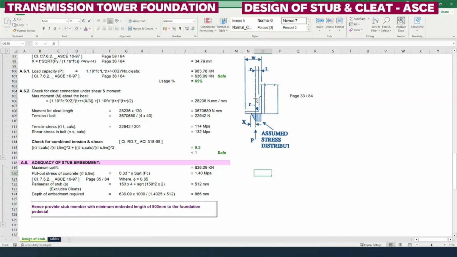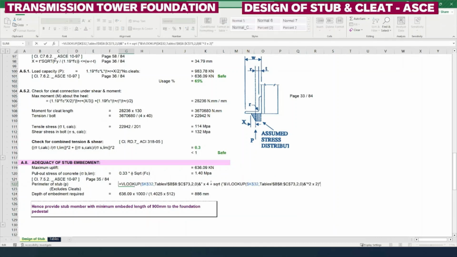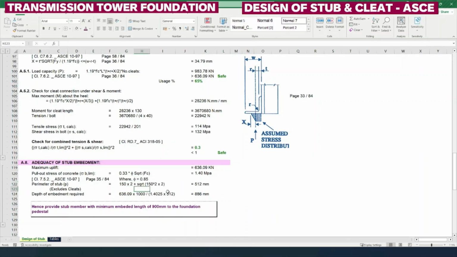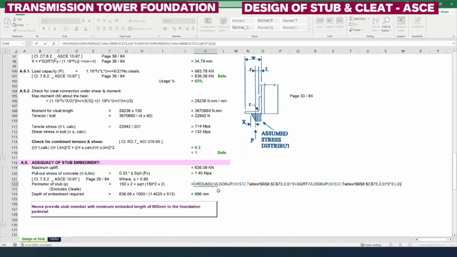So we need to add 150 plus 50 into 2, plus the diagonal or hypotenuse length, that will be 140 into square root of 2.